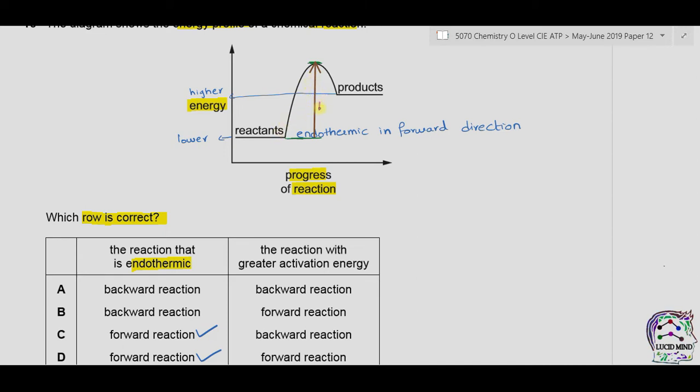So this is activation energy, and it is for the forward reaction. For the reverse reaction, the activation energy will be from this to the top. So this will be less as compared to the forward direction.